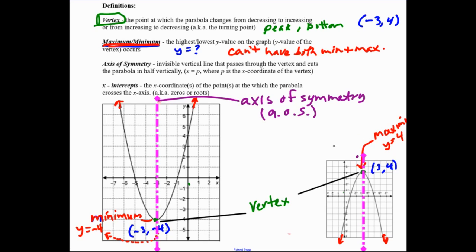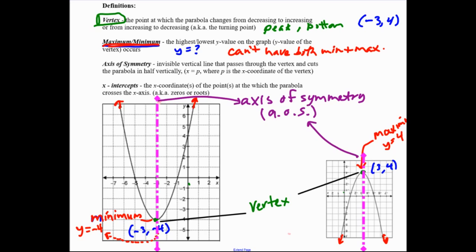What the word symmetry means is everything to the left mirrors everything to the right. Things revolve around an axis, so the left side mirrors the right side from the vertex on.